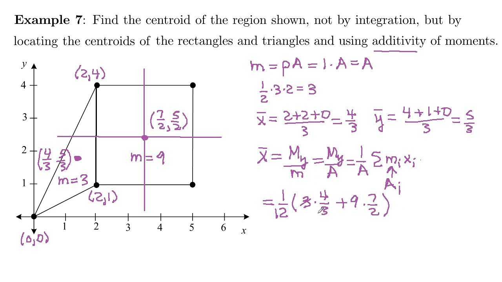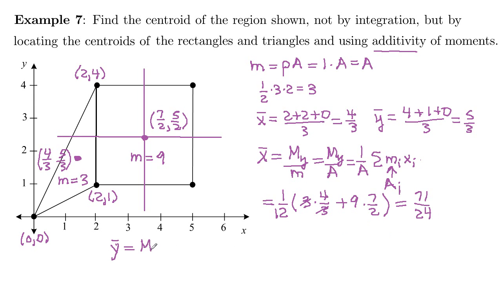So these 3's will cancel. So we get a 4 plus 63/2, and then times 1/12. And if we put that in the calculator, we will get 71/24.